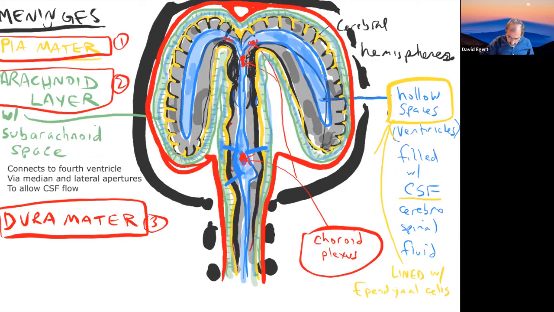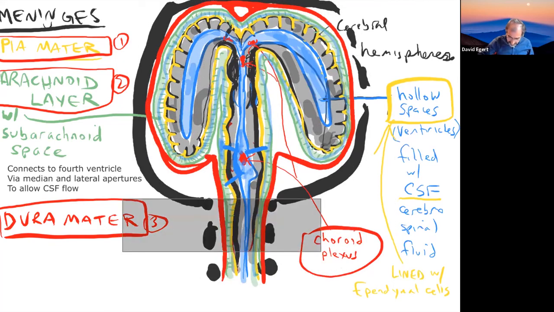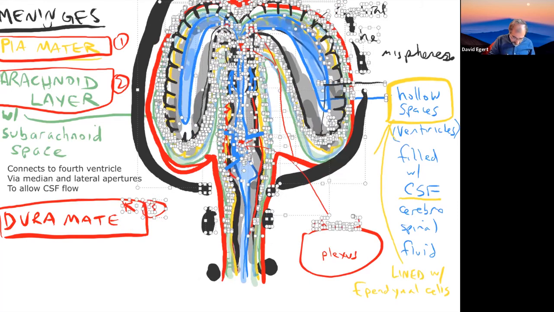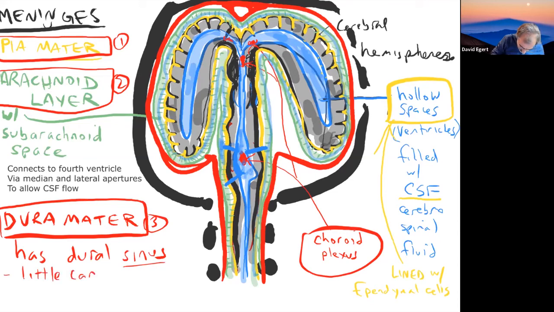All right, so Dura Mater has what are called dural sinuses. These are like little canals within the dura.